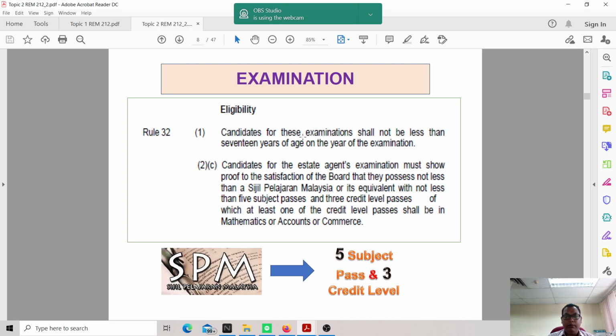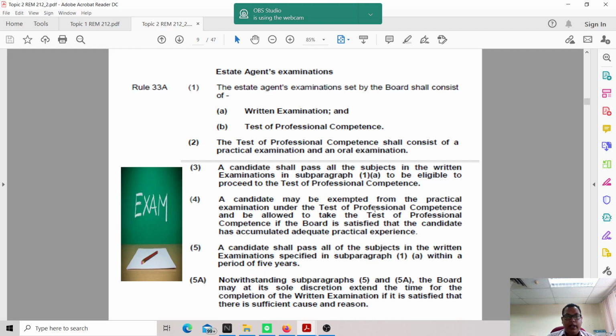They must be not less than 17 years old and have 5 subject passes, including 3 credits at SPM level. And then for the examination, they have to take the written examination, like I said before.